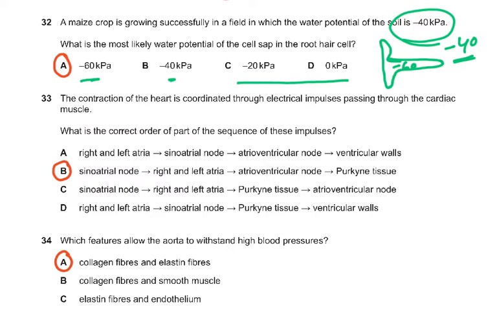The water will move from a higher water potential to a lower water potential. If it was minus 40, then there would be no net movement. It would be the other way around with minus 20 and 0, where it would move out. So you had to understand why it would be minus 60: inside the root hair cell would be minus 60, outside minus 40. Minus 40 is less negative, and less negative means it has a higher water potential.